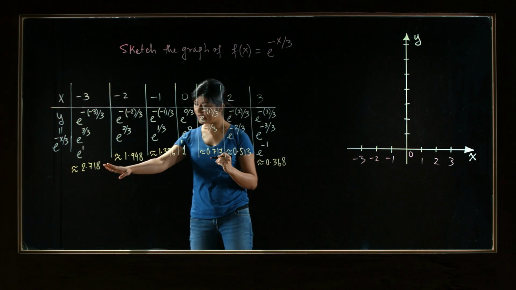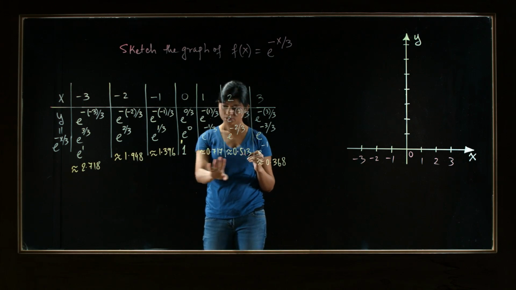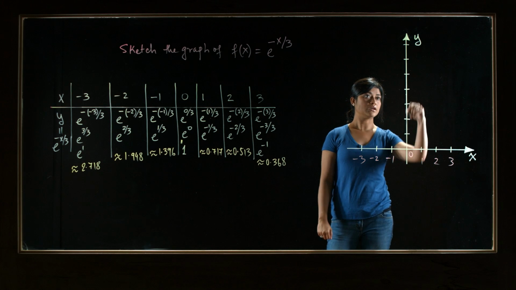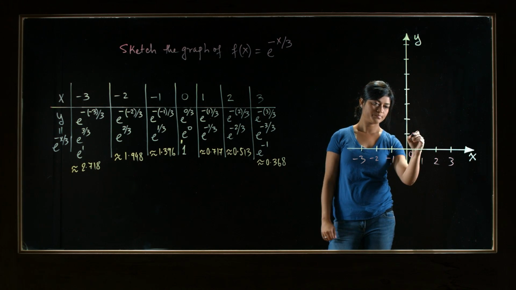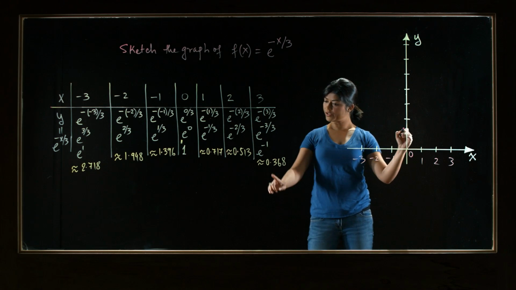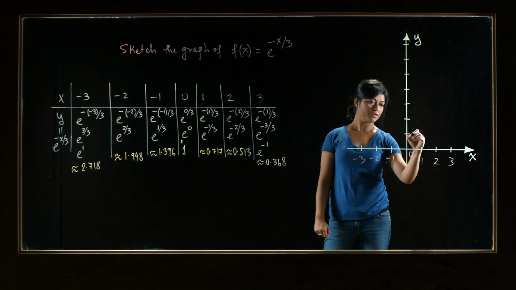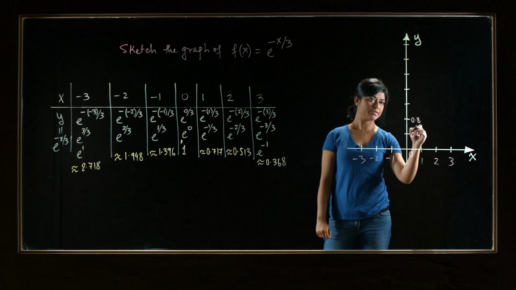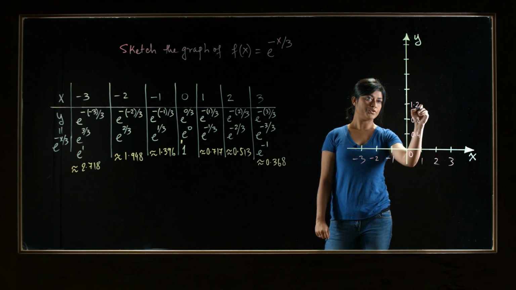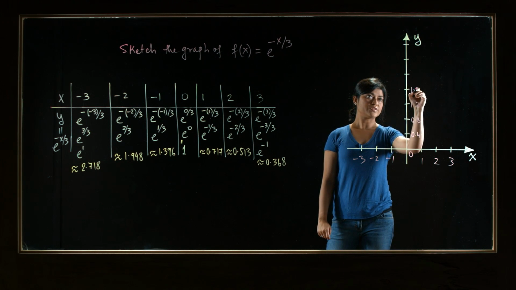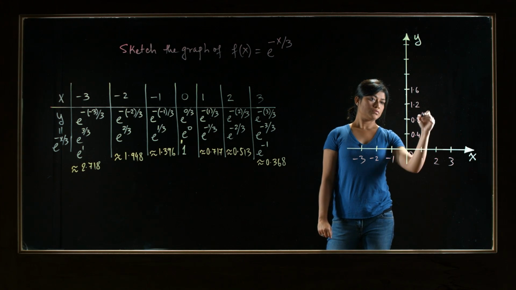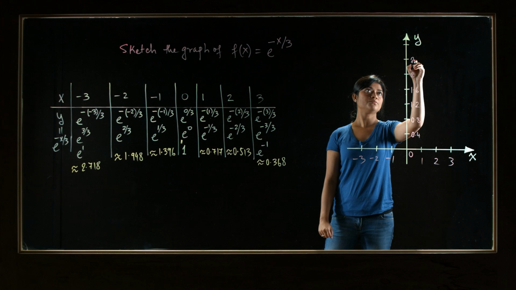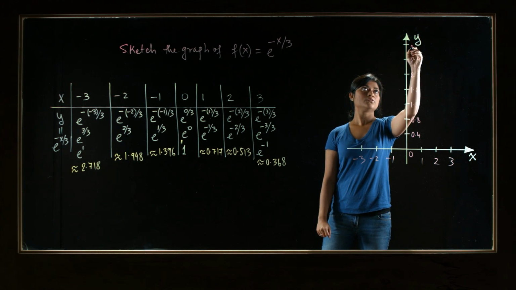And looking at these values, let me do our y-axis, say start from, because we have 0.3 and then 0.5, let's start from say 0.4 and then 0.8, then 1.2, 1.6, then 2 and 2.4, and then 2.8.